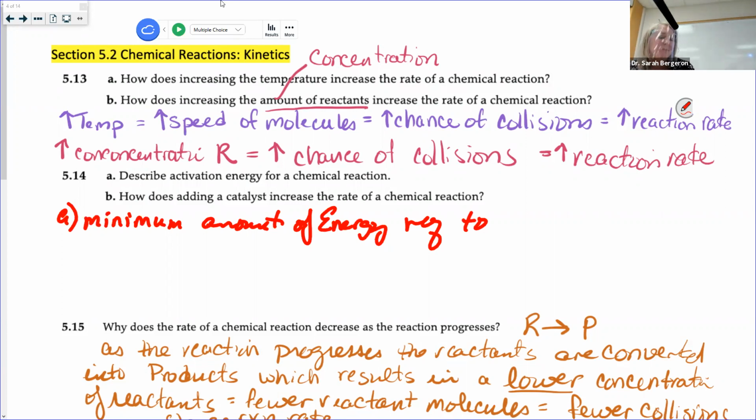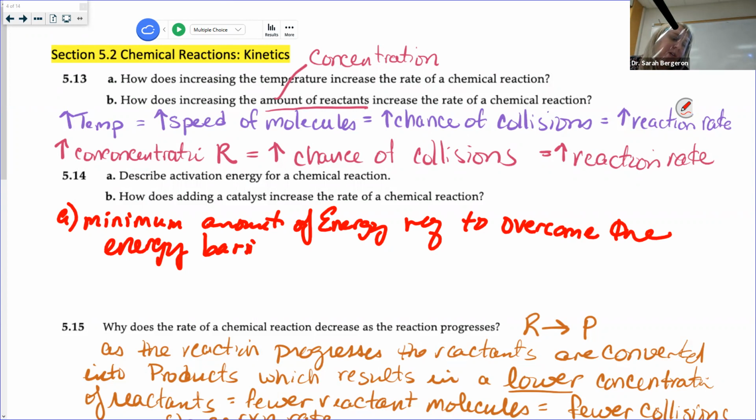It's going to be the minimum amount of energy required to overcome what's called the energy barrier between our reactants and products.